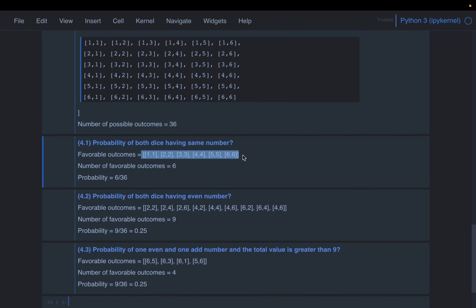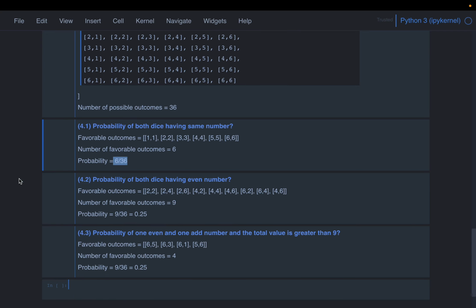So the probability will be 6 divided by 36. So that's 1 over 6, right? So when we roll 2 dice, we will get the same value on both dice 1 out of every 6 times, right? That's the probability.